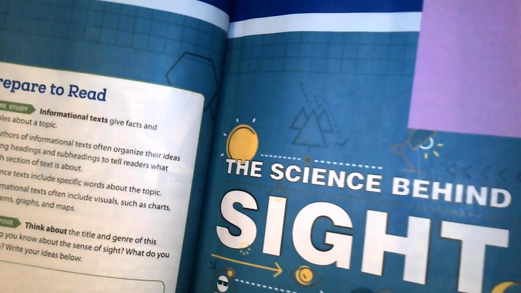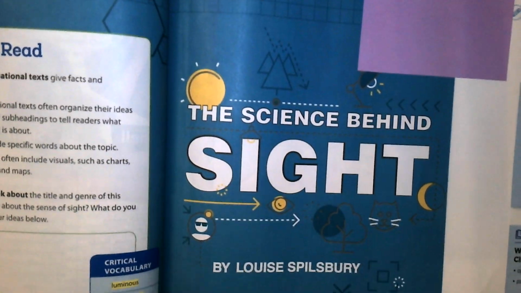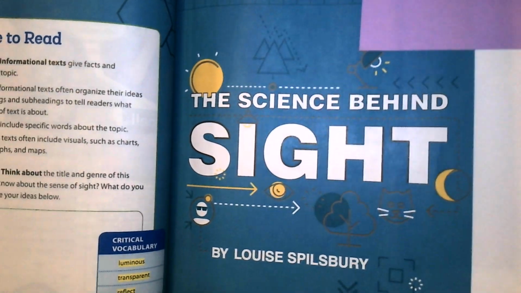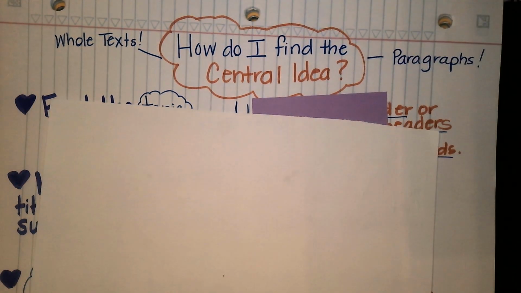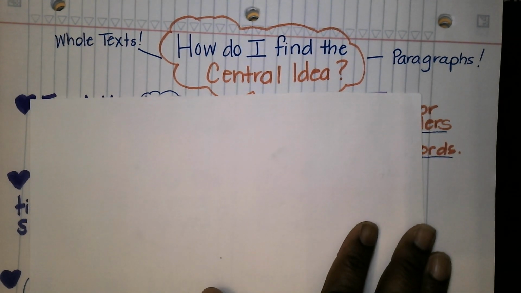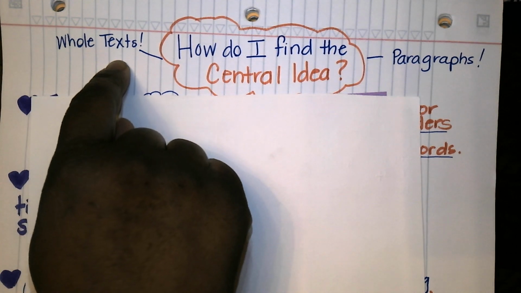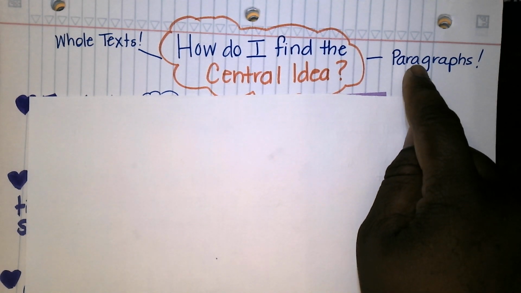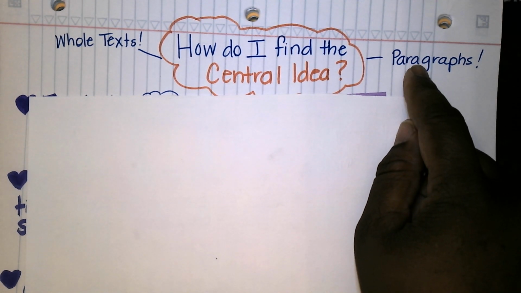So let's talk about how to keep up with the central ideas when there are multiple ones within a piece of text. So, how do we find the central idea? You can find it in a whole text, especially if it's a shorter piece. You can also find it, especially if you're reading longer pieces like The Science Behind Sight, within different paragraphs.